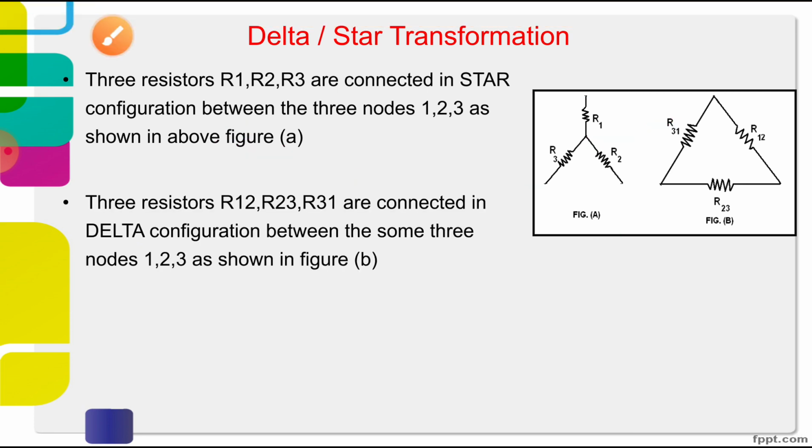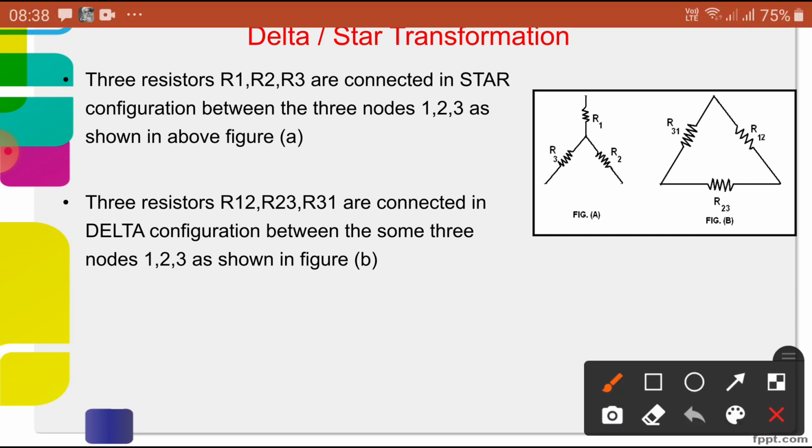Now, you can see three resistors connected in nodes. Here you can see the nodes: this is the first node, this is the second node, this is the third node. The resistor connected between node 1 and node 2 we can represent as R12, the equivalent resistor.